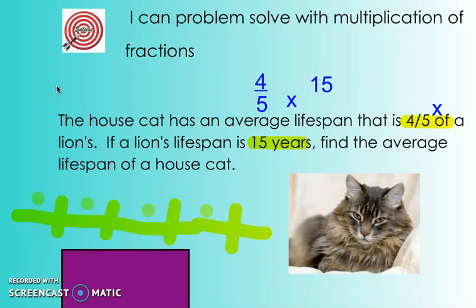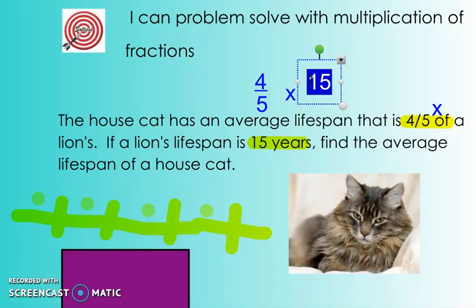So if I'm going to be multiplying, we have a fraction and a whole number, and I need to figure out how to set this up so that I can solve it. In order to multiply two fractions together, I need to make this 15 a fraction.